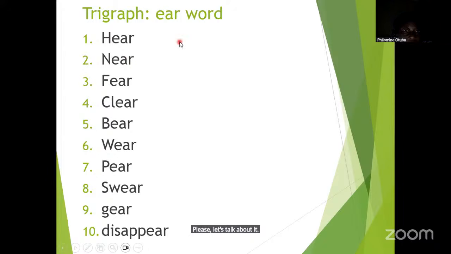Then we have the last one we are looking at this evening, which is EAR, which says ear. EAR says ear.